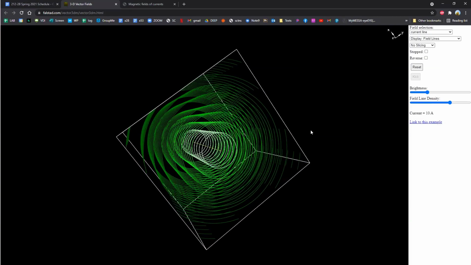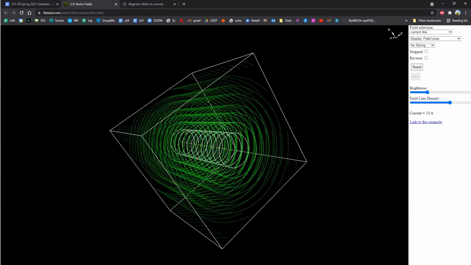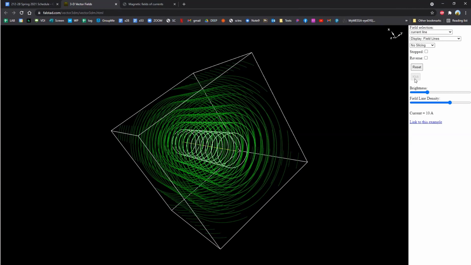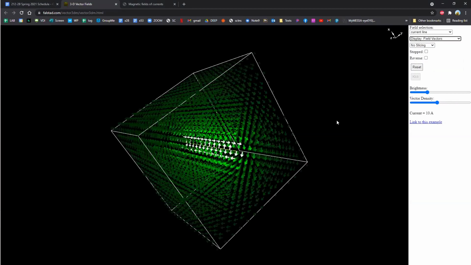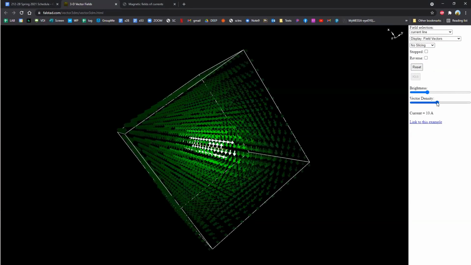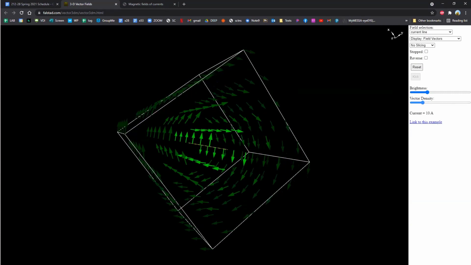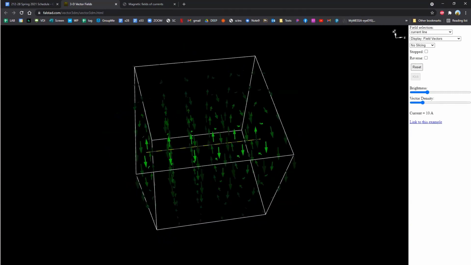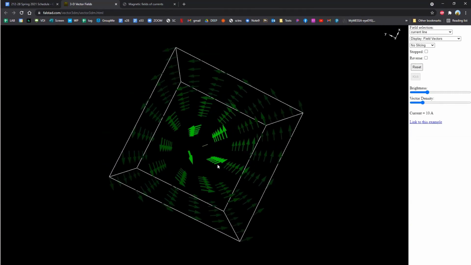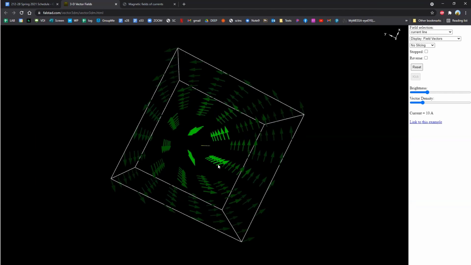This is showing the field. It's not showing the direction. You would use your right-hand rule to show the direction. Or in this view, if I wanted to worry about the direction, I would display field vectors, and then there's the direction, and that is pretty intense to look at. So this is what it looks like in 3D. There's my direction. There's my concentric circles.